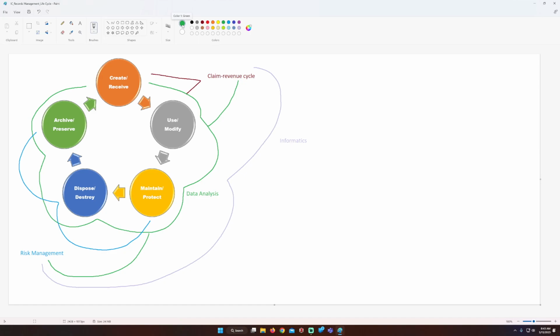So if there were, for instance, a new code introduced, like we saw with COVID, we had a handful of new codes introduced specific to COVID. If they were suddenly being denied, well, why are they being denied? We have to analyze that.